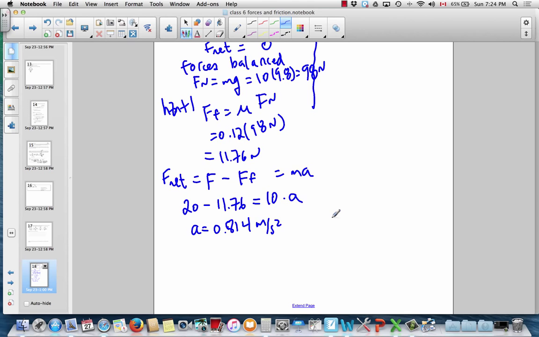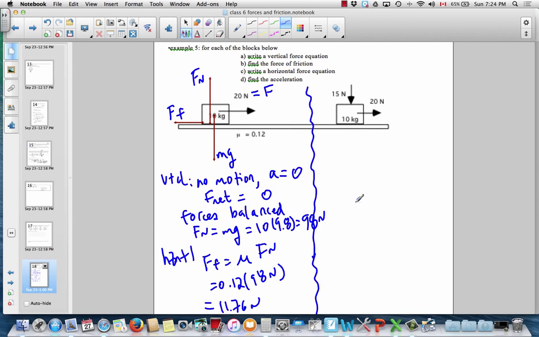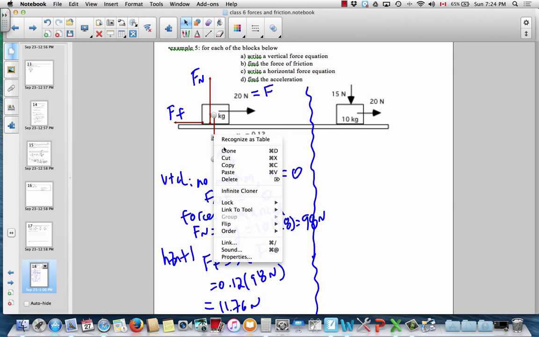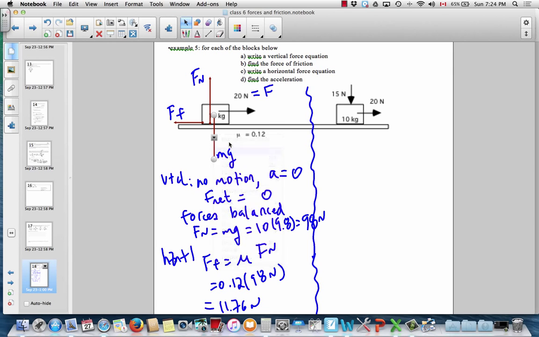Now, let's change that problem a little bit, okay? Sort of like the problem we just considered for developing our model for friction. We're going to apply the same pulling force, but we're pushing down on this block with an extra force.